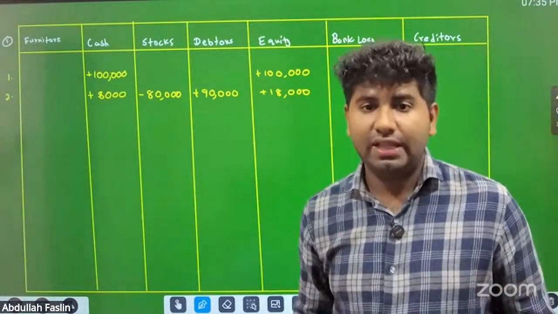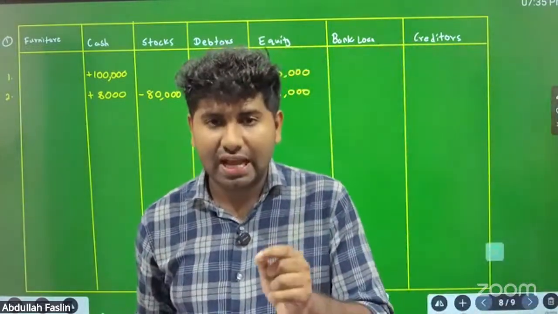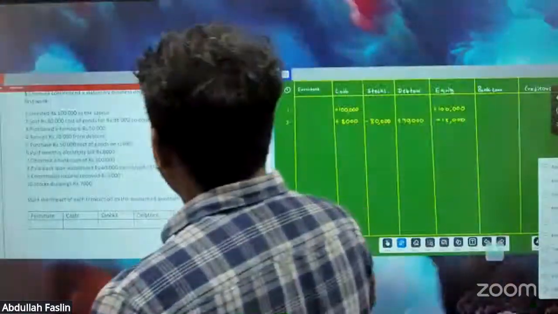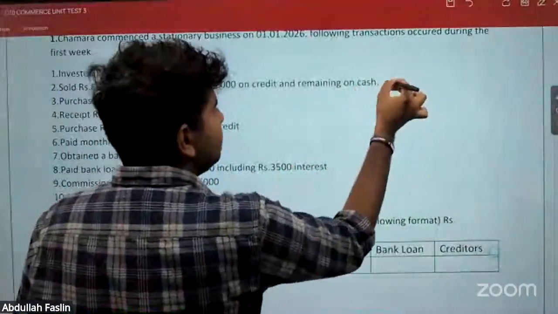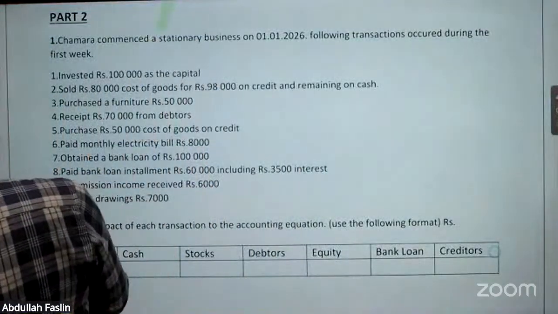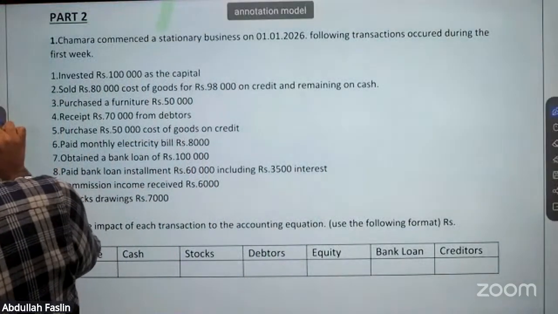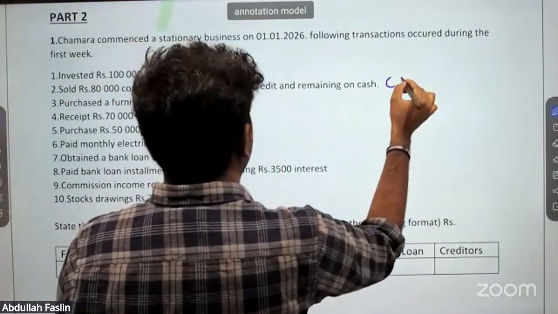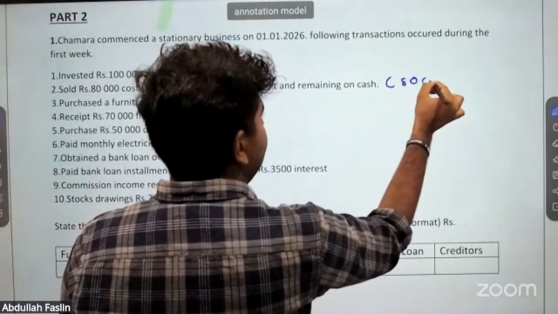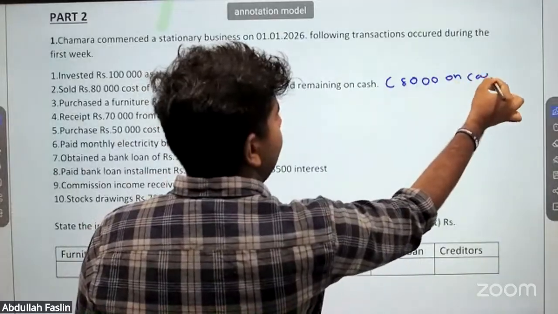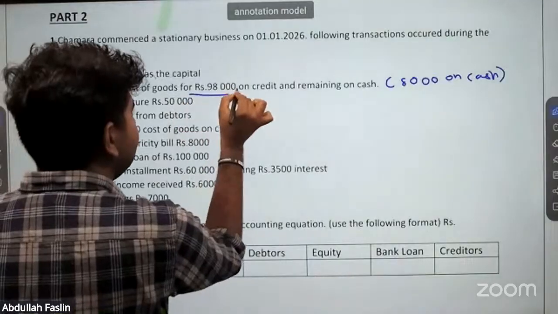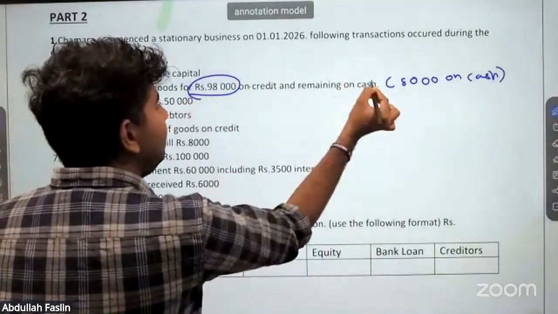That is what I told you, Kidash, to change the question. Change the question because there's a small typing error in the question. Inside the brackets, write down 8,000 on cash. You have to understand it like this: sold 80,000 goods for 98,000 on credit and remaining on cash.